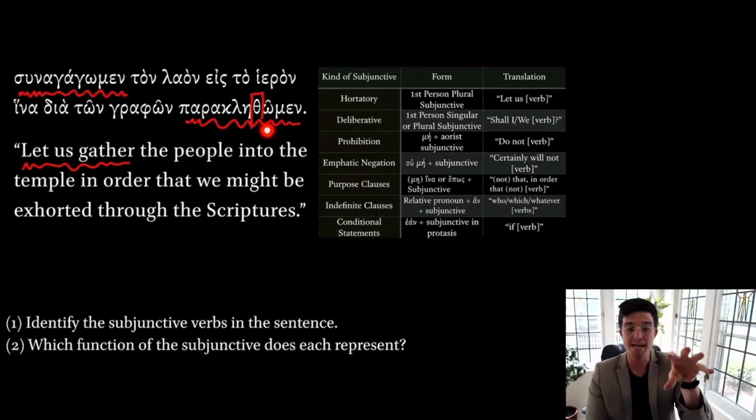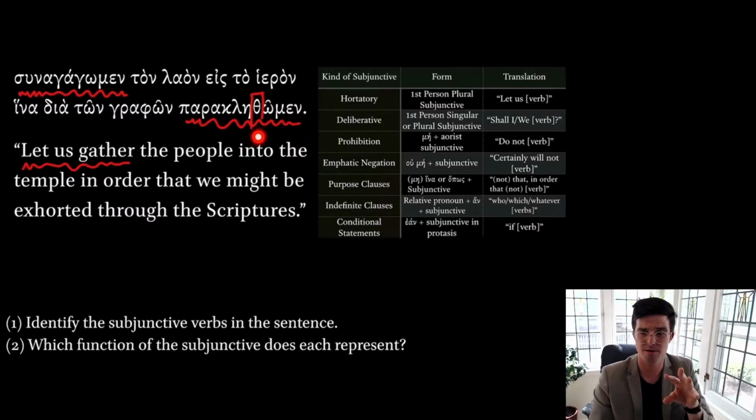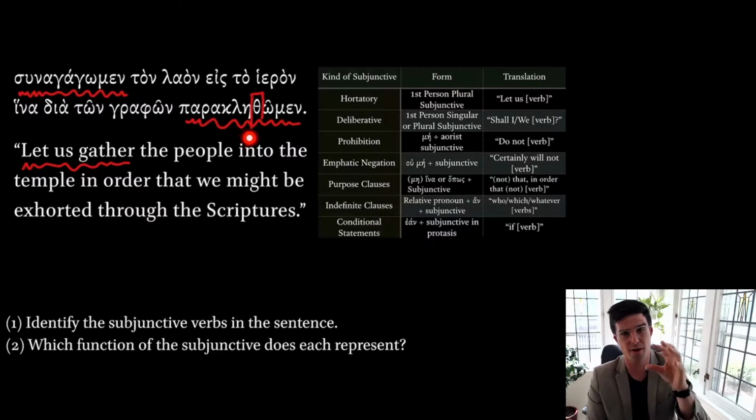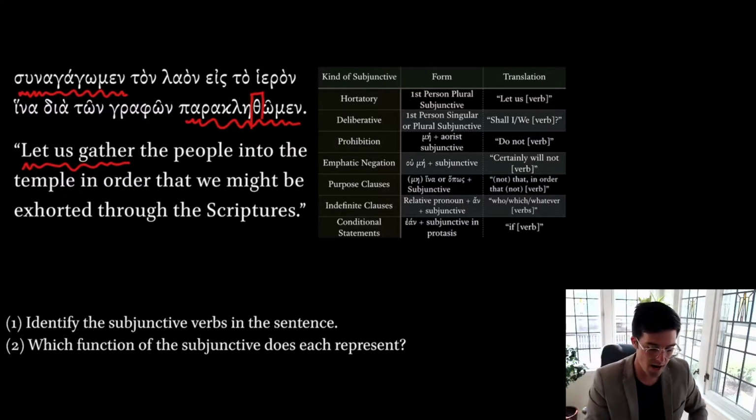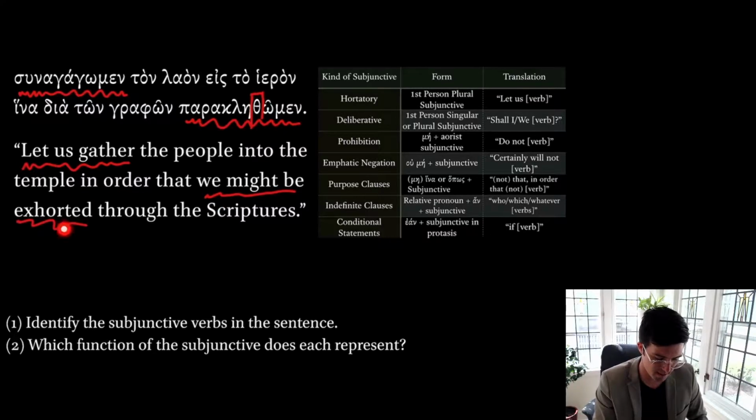And the "might" or the "will," we could translate it either way, in order that we will be exhorted or in order that we might be exhorted. Both get at the future contingent nature of the subjunctive. So the subjunctive gets that "might" or that "will" in there, whereas the passive from the theta gets the action happening to us. So this is right here, our subjunctive.